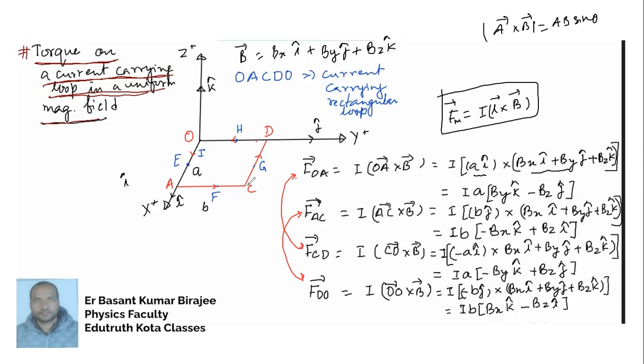See, this CD vector is anti-parallel to your positive x-axis. That means if you have a unit vector i cap along the positive x-axis, then you will have a unit vector along CD of minus i cap.